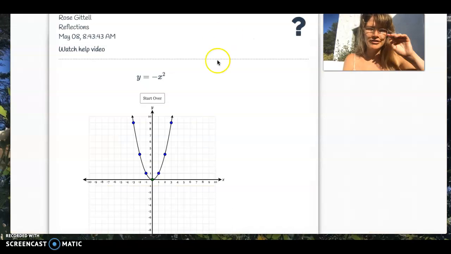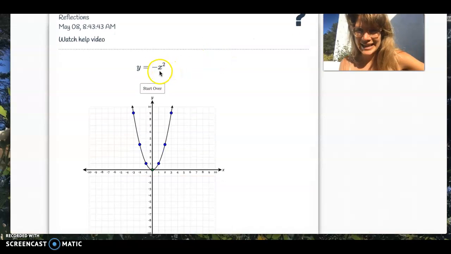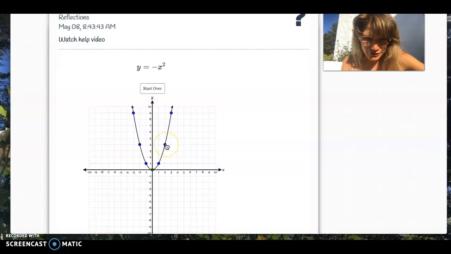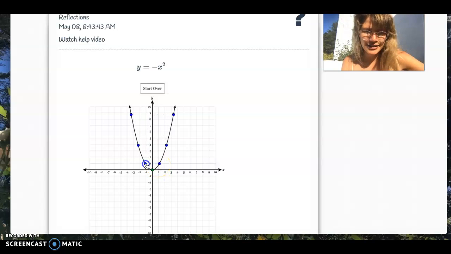So what does it look like to reflect something over the x-axis? Again, there are no parentheses. The negative is considered outside. So reflecting over the x-axis, I can use any of these blue points, and I want to make sure when I flip it, it's going to be flipped to the same point but below the x-axis. So this time, instead of flipping side to side, I'm flipping down or up.